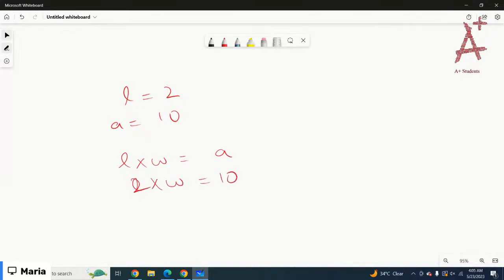So you need to see 2 times what number equals 10. Yes, it would be 2 times 5 equals 10. That means the width is 5. Got it? That means the correct option is 5.